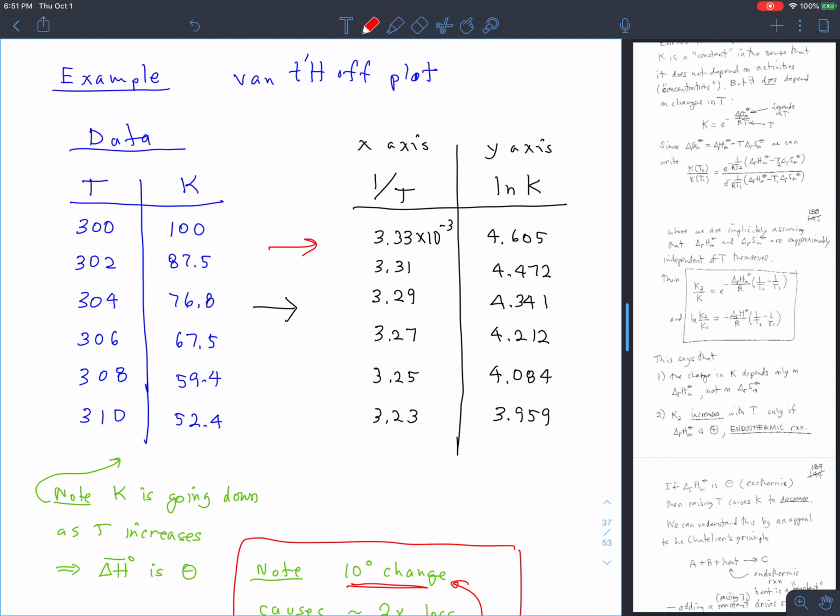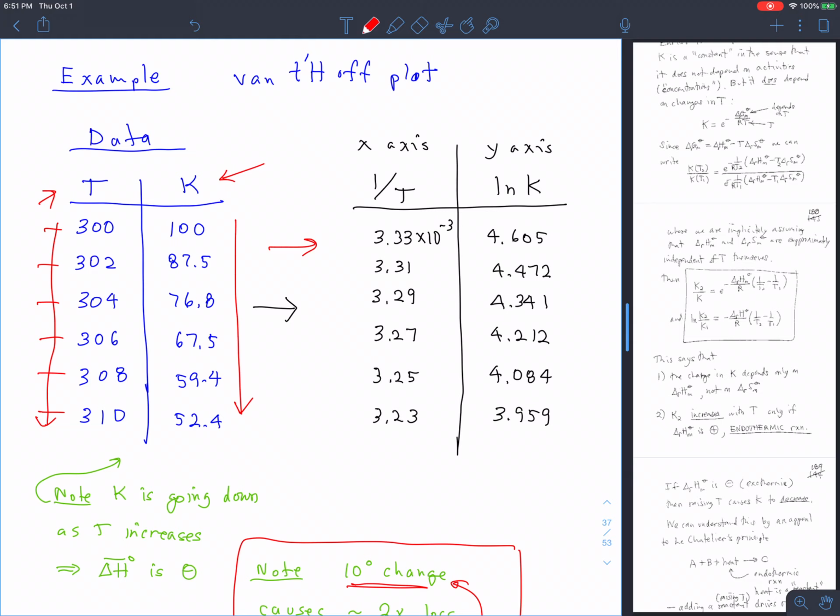The raw data has the temperature in one column and values of the equilibrium constant in the other column, and we're moving in temperature by 2 degrees from 300 to 302, 304, 306, 308, 310, recording the value of the equilibrium constant at every point.